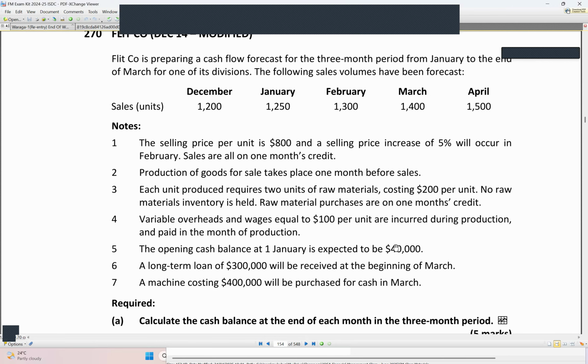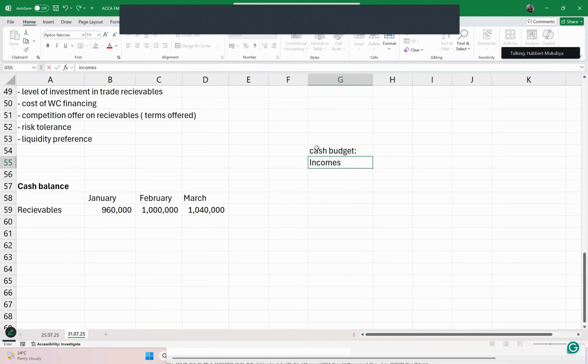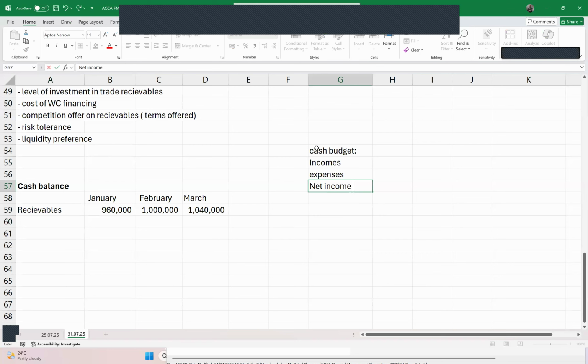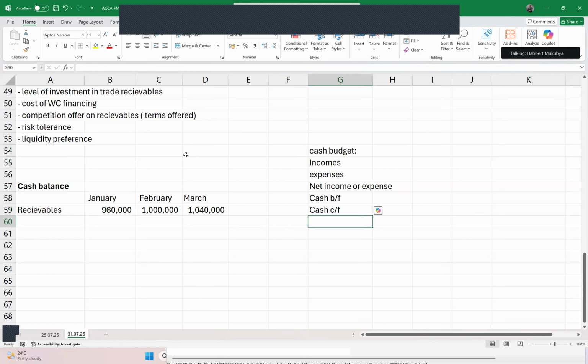We shall deal with it down, because I forgot to mention, when you are looking at a cash budget, you start with incomes, you list them, then you list expenses, then you have a net income or expense, then you have cash brought forward, then cash carried forward.